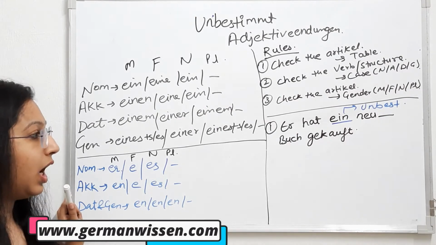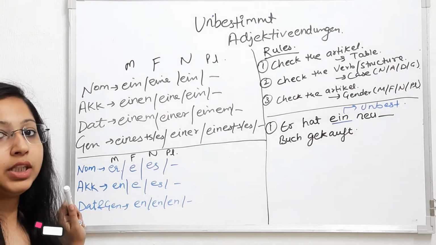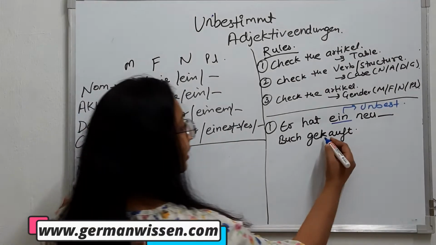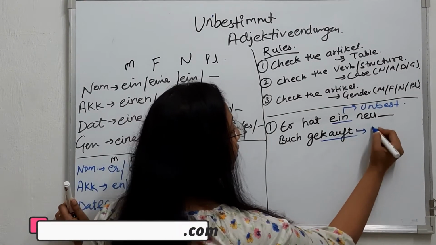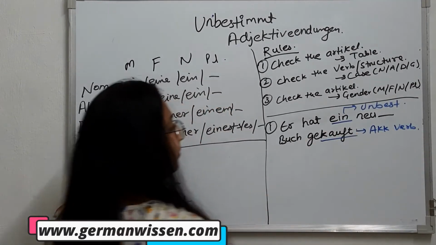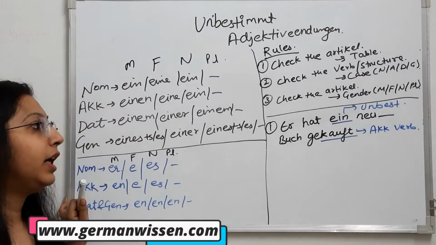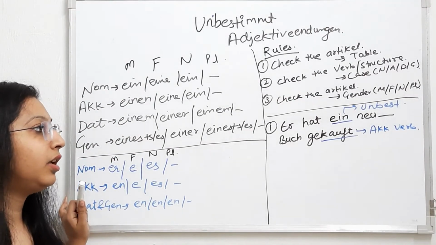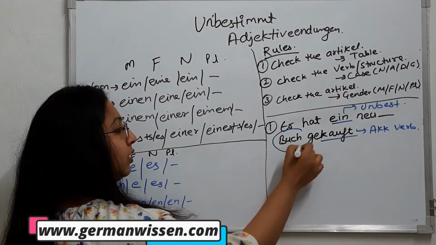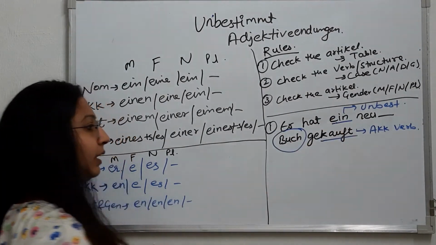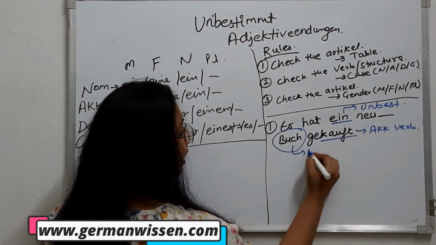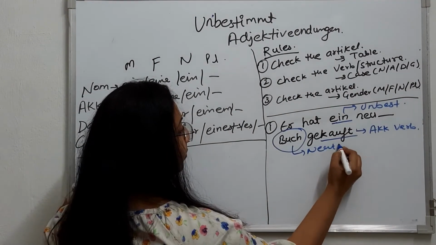Here we have hat gekauft. This is the perfect tense, so we check the verb, which is kaufen, an accusative verb. Now the third rule, check the article once again to know the gender of this noun. Here we have ein. Buch is always neutral, so we have to check the neutral column.